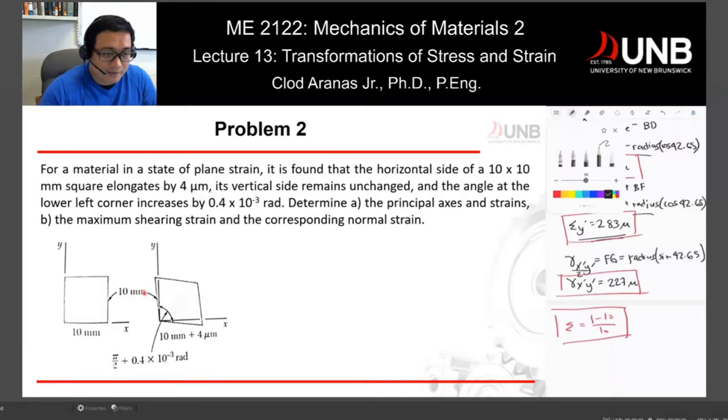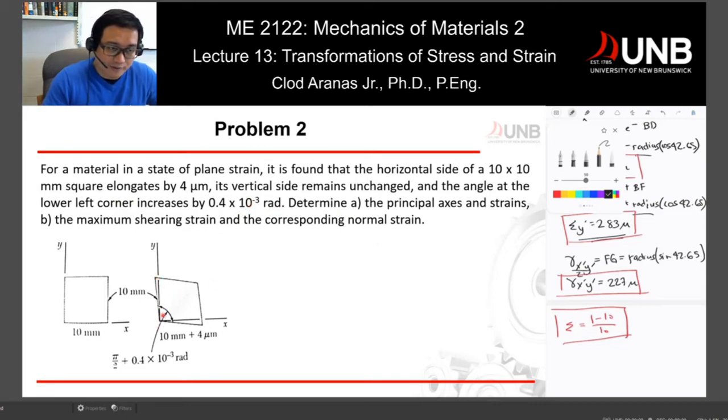Which means that the final length would be 10 plus 4 microns, because it elongates by 4 microns. Its vertical side remains unchanged, so that one is still 10. And the angle at the lower left corner increases by 0.4 times 10 raised to negative 3 radians. So it's a very small angle.